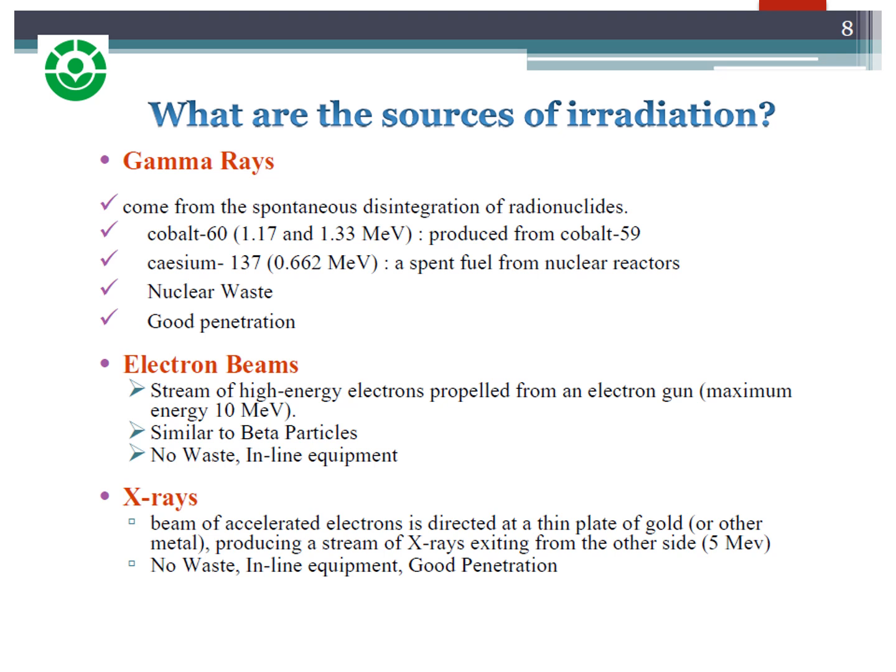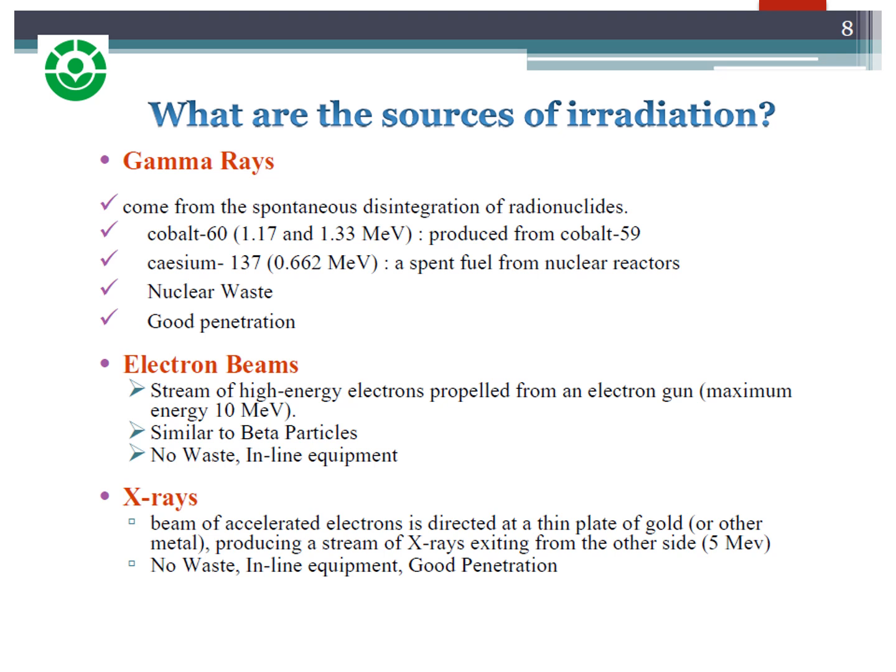Maximum energy 10 mega electron volt. Similar to beta particles, no waste, in line equipment. Electron beams are particle accelerators. In this case, the particles being accelerated are electrons and the beam generated is equivalent to beta radiation.